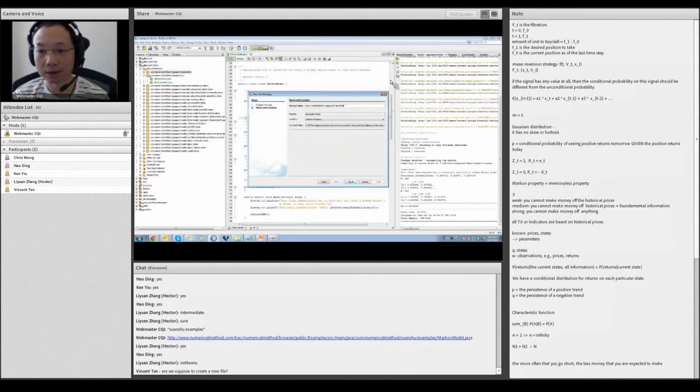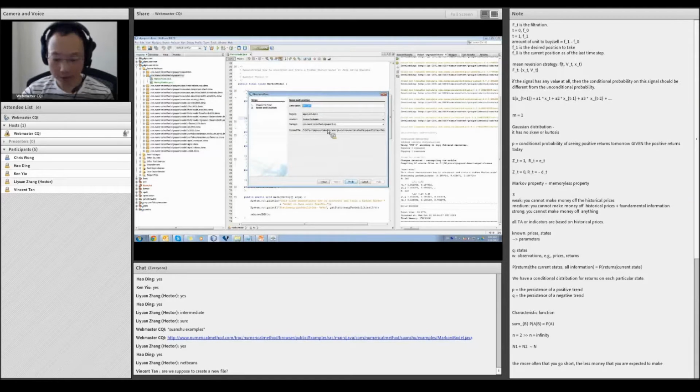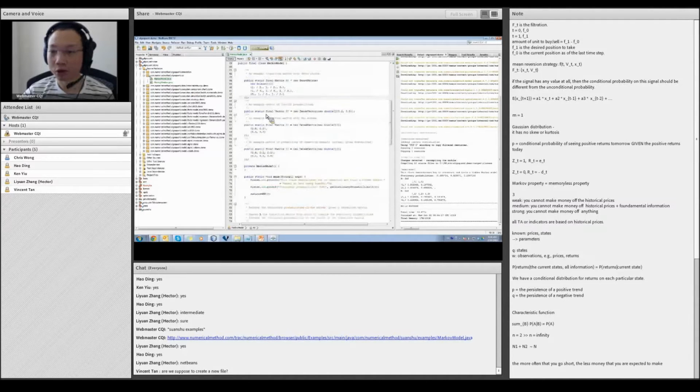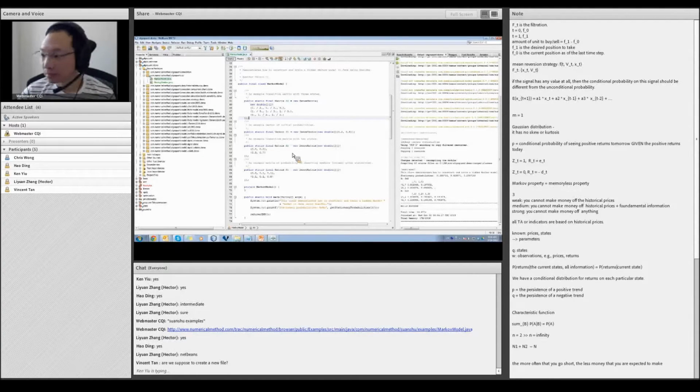You create a new file like this, and then you just copy and paste the code here. You need to change the package name as well, so this package name needs to match whatever you type here. Then you delete the import, and hit Control Shift I to do the automatic import.